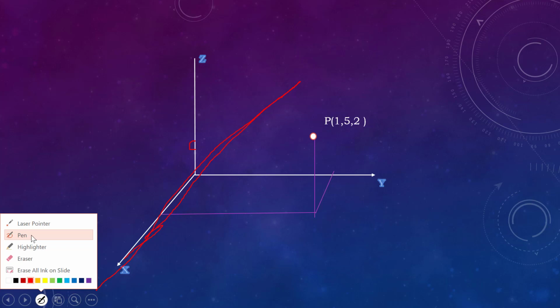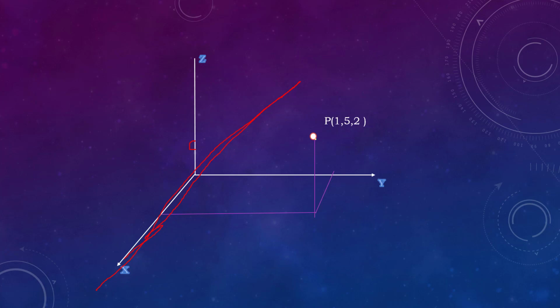So if a line charge is given and point P is given, the first thing we do is draw a perpendicular from that point onto the line charge, the infinite line charge. If I draw the perpendicular to the line charge, then it will meet on x-axis. So what is the foot of the perpendicular on x-axis? Its x value is taken from this point P. So it is 1, y is 0, and z is 0. So the foot of the perpendicular is 1, 0, 0.